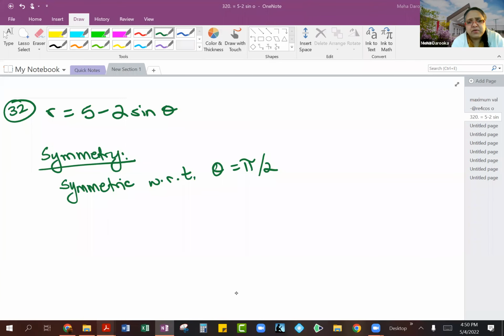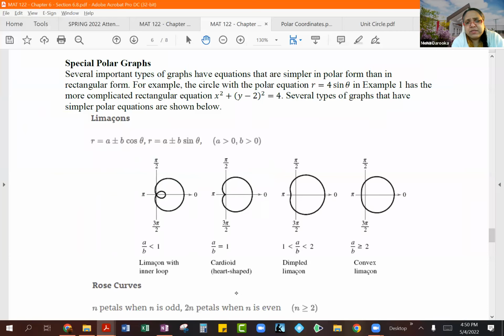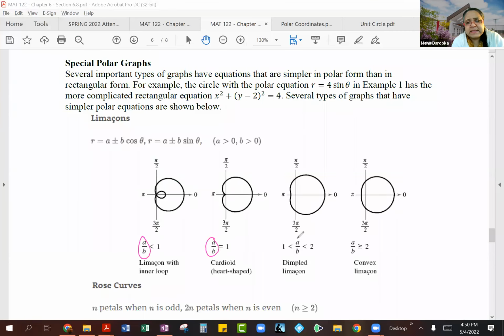Now, this is where you definitely want to use this fraction of A divided by B and see which of these shapes we are going to have in our limacon. A is the value in the front, and B is the number being multiplied with your function.